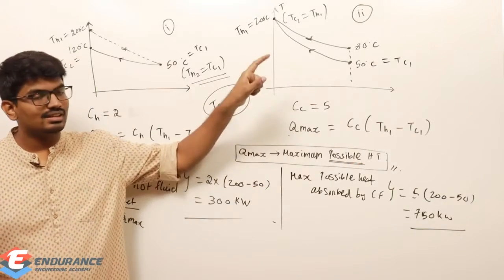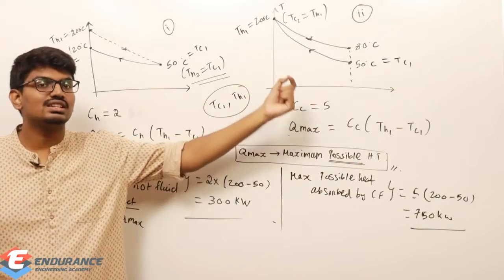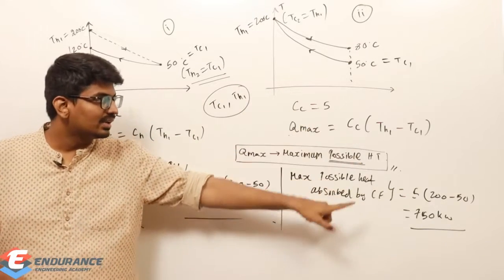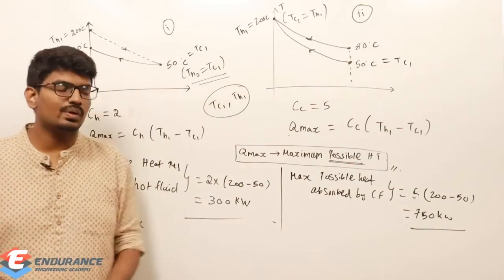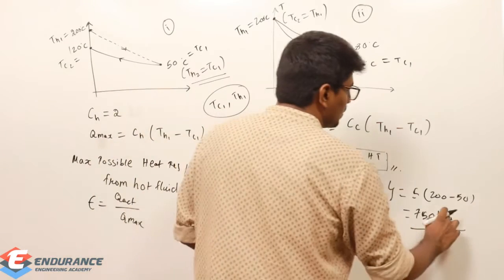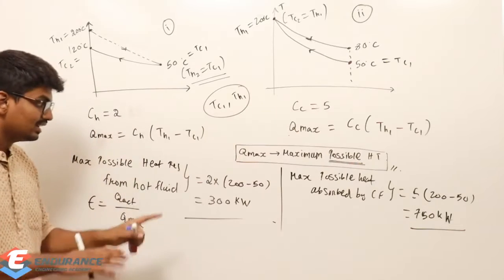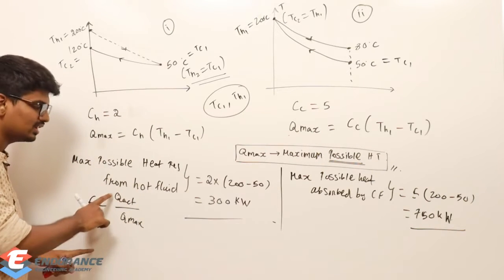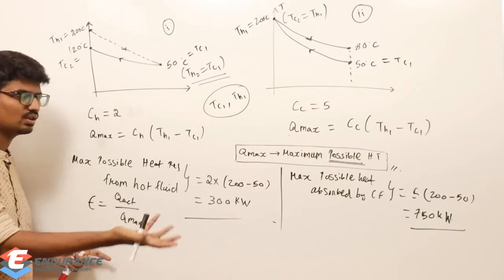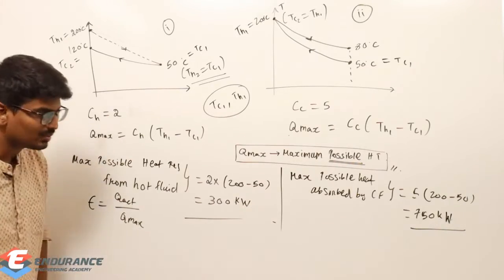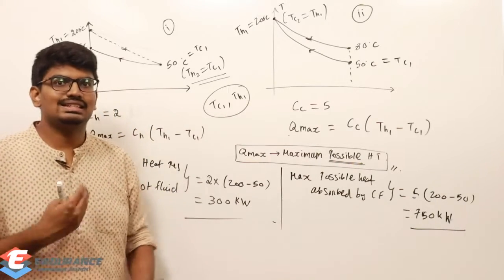By considering the second case, cold fluid is reaching the initial temperature of hot fluid, I am getting 750 kilowatt. My question here was, what value do I need to substitute in this formula? In this formula, Q actual is very simple, it's not going to change at all. But what about Qmax?